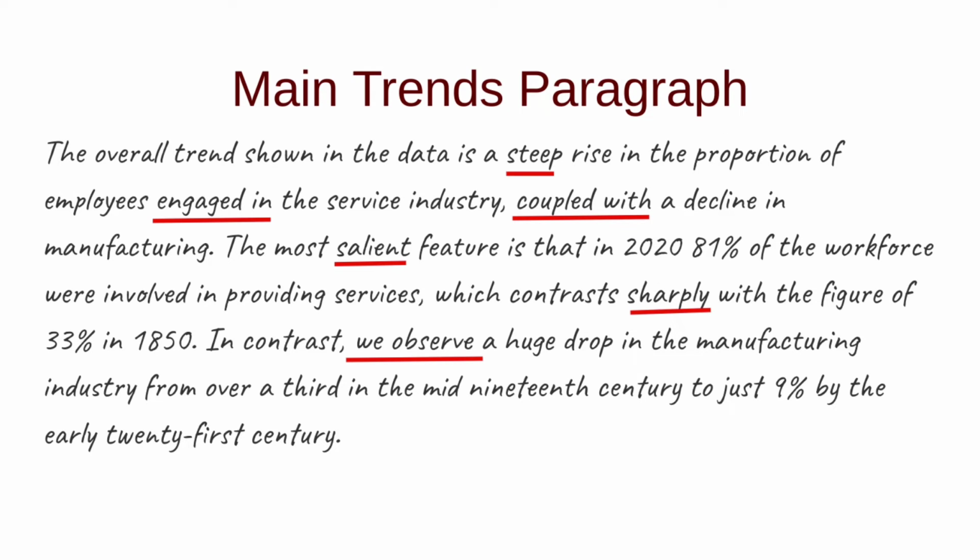And here, the mid-19th century, rather than repeating 1850 over and over again. This is great use of vocabulary, and it also helps a lot with the flow of the text, giving us better cohesion and coherence score.